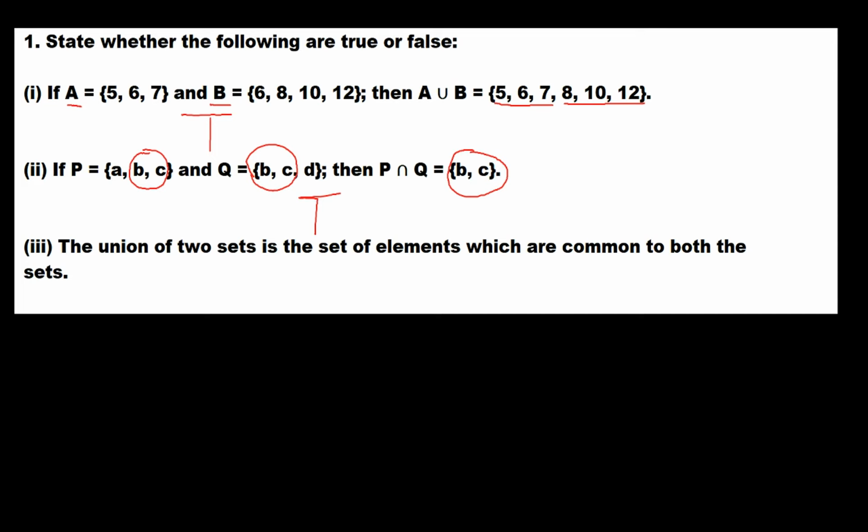All right, hopefully you've had a second to think about that one, and hopefully you thought, hey, that's not right. If that's what you thought, then you're correct. The intersection of two sets, yes, the intersection, not the union of two sets, is the set of elements which are common to both the sets. The union of two sets is the set of elements which contains all the elements of the respective sets, not just those that are common to both sets.